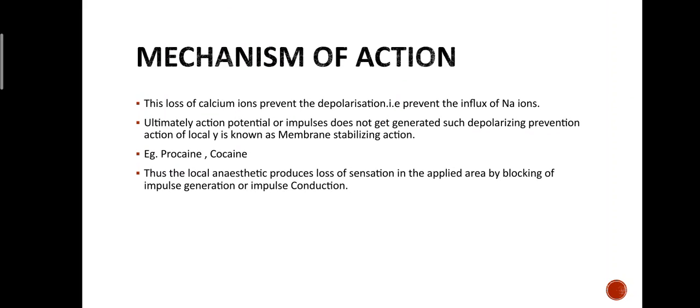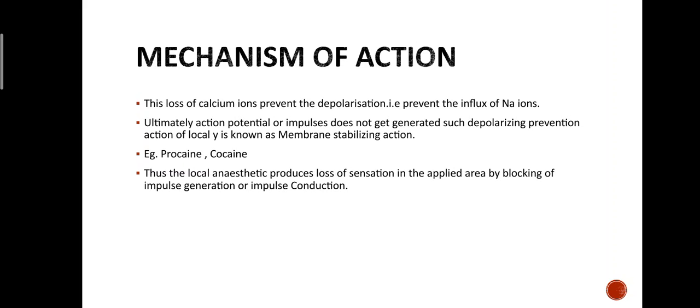This loss of calcium ions prevents the depolarization, meaning it prevents the influx of sodium ions. Ultimately, action potential or impulses do not get generated. Such a depolarization-preventing action of local anesthetics is known as membrane stabilizing action. Example, procaine and cocaine.